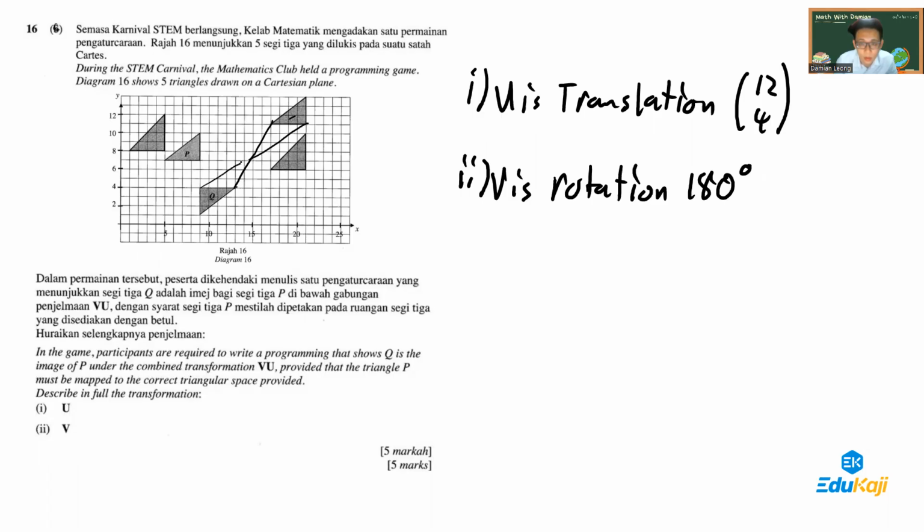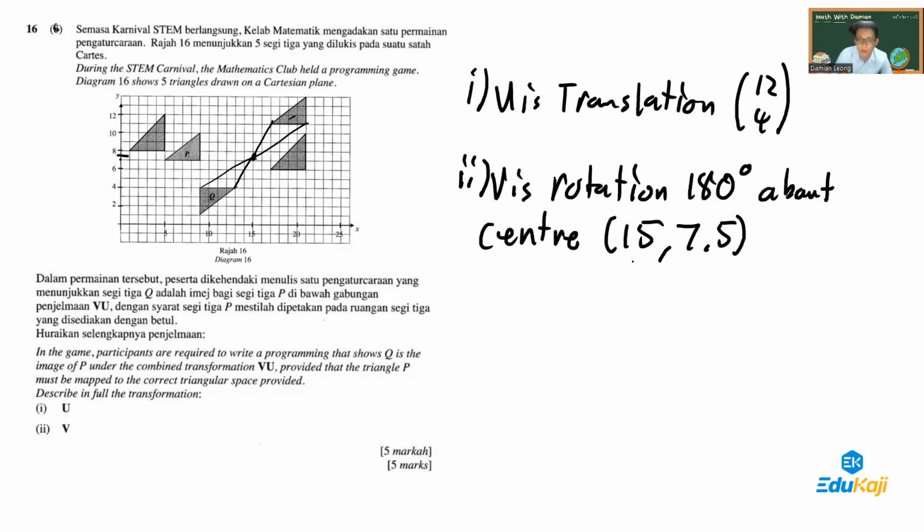You will be able to see it intersects here, which is 15, here in between 7 and 8, so 7.5. So rotation 180 degrees about center 15, 7.5. Basically like that.